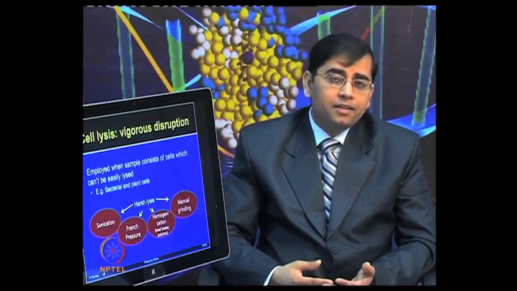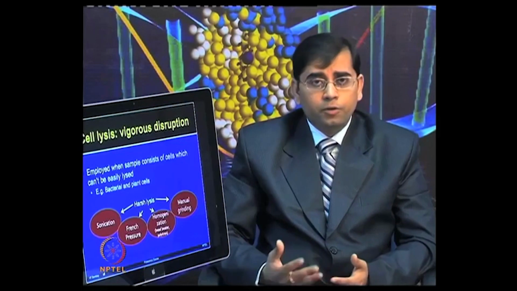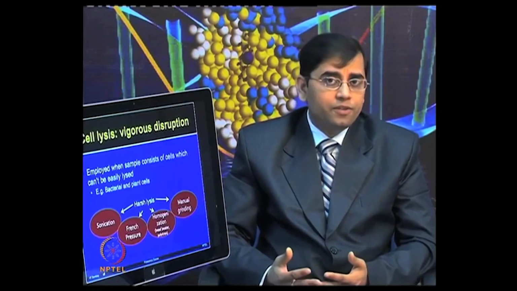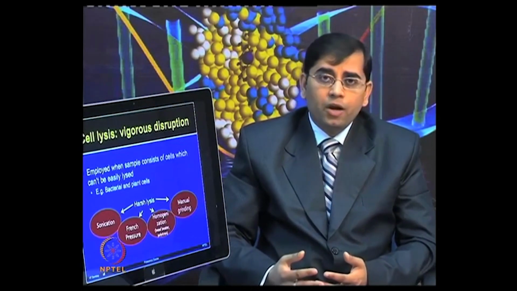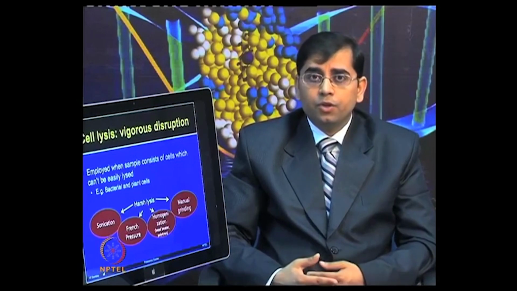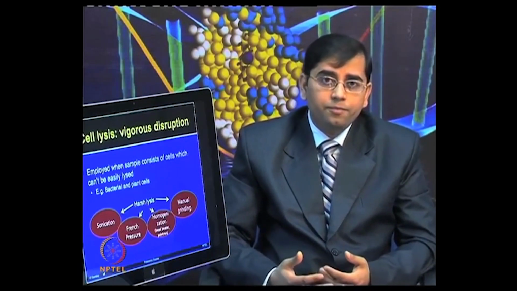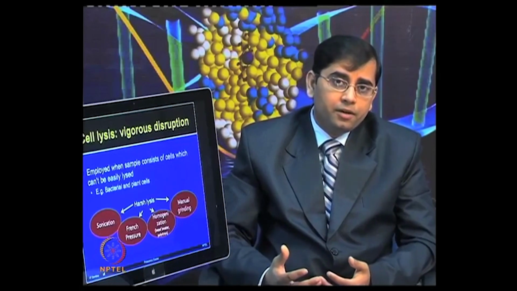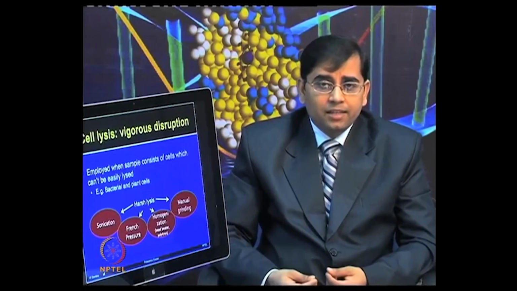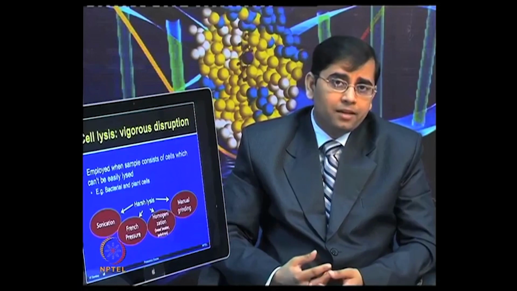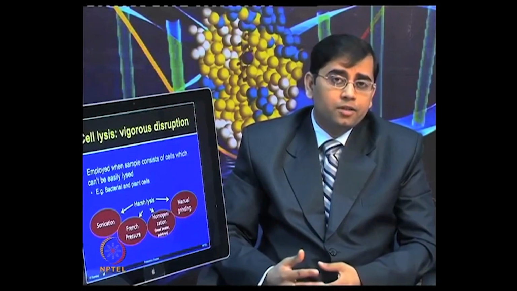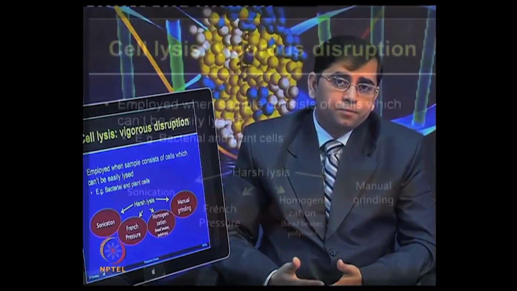The manual grinding is performed by using a mortar and pestle. Often it is very efficient, but if you have very little sample and you want to avoid any contamination, or you have some samples which are going to pose challenges with a mortar and pestle, then you need to use the electronic homogenizers.